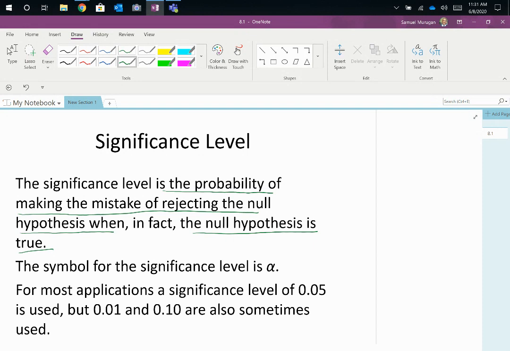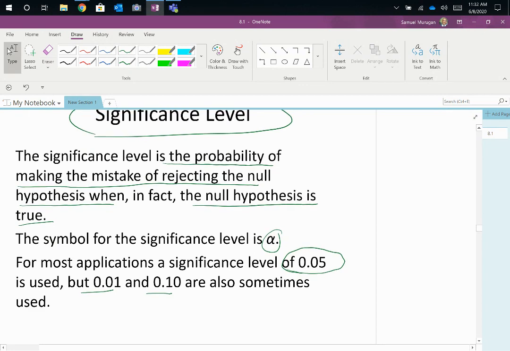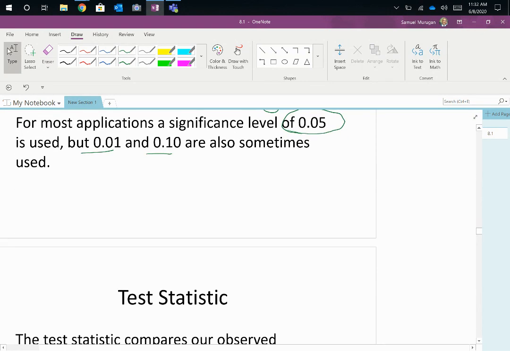That's called the significance level. The symbol for significance level is the Greek letter alpha. And for most applications, a significance level of 0.05 is used. Sometimes you use 0.01 and sometimes 0.10, but most of the time 0.05.